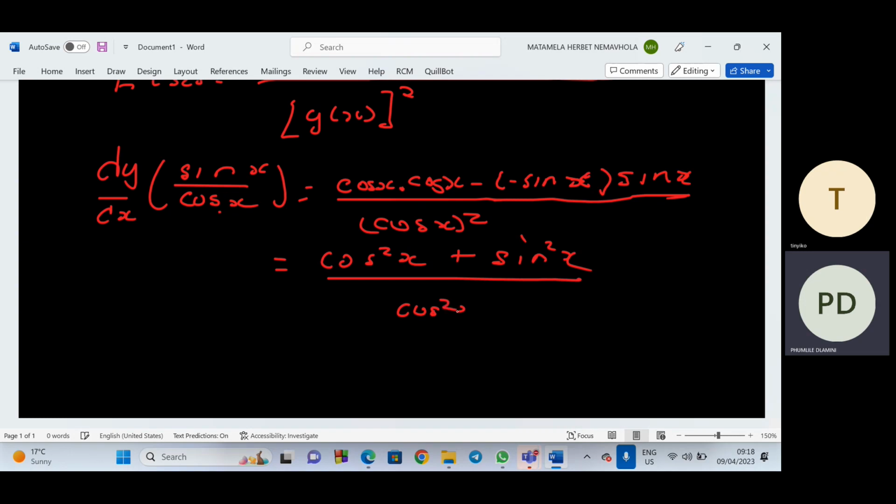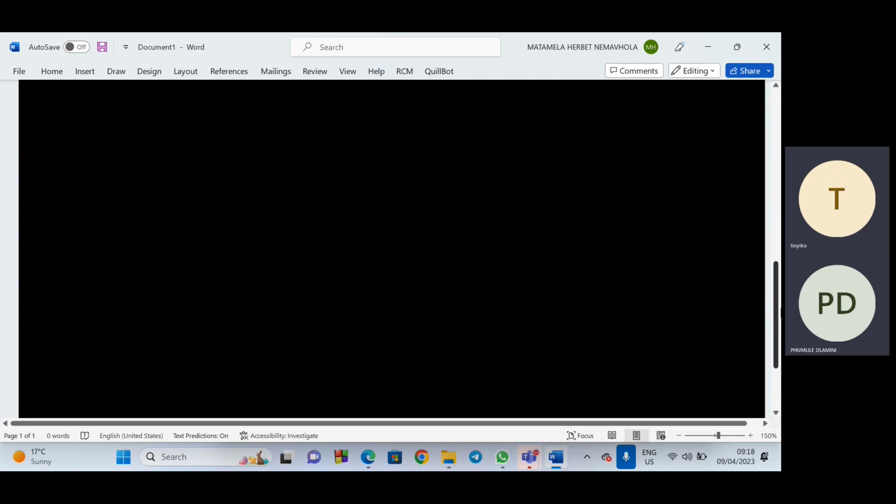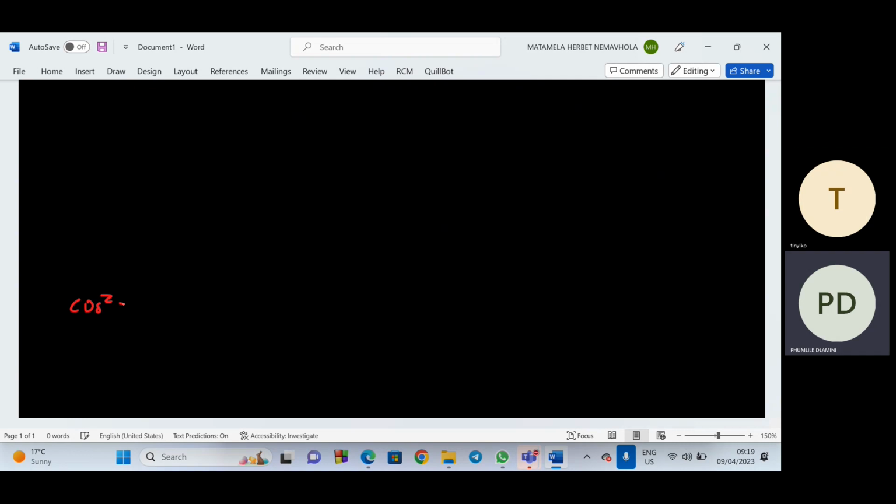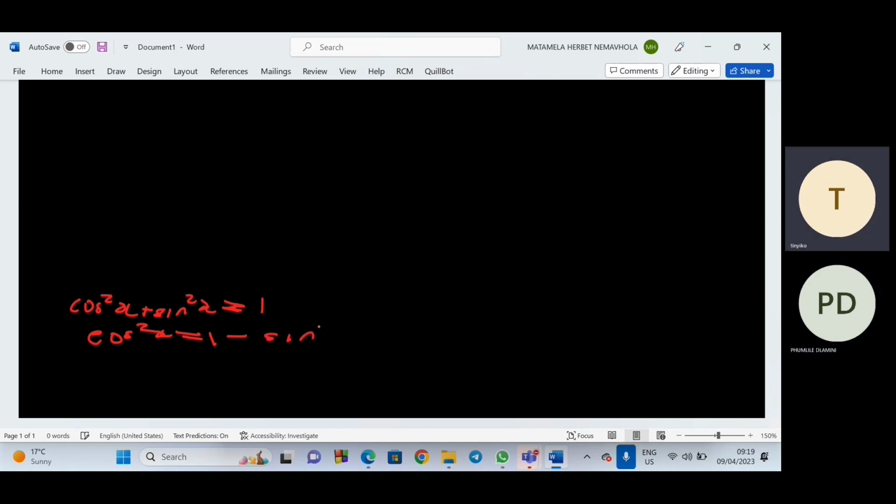We can just write it like this. So according to the identities in grade 12, you know that cos squared x plus sine squared x equals 1. I'll write the formulas down here. If you have cos squared x plus sine squared x, this equals 1, right? And cos squared x equals 1 minus sine squared x.